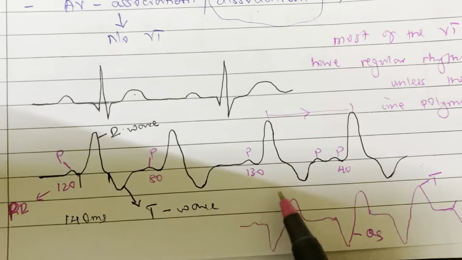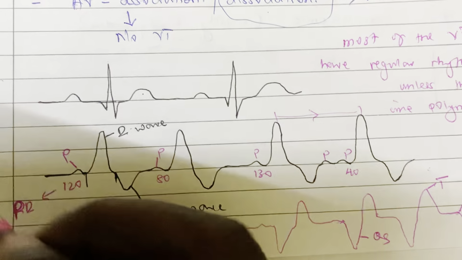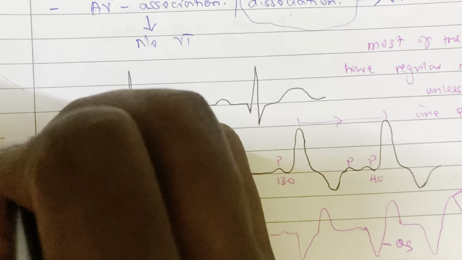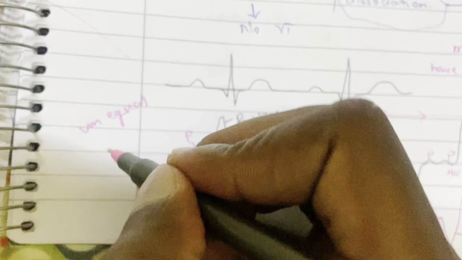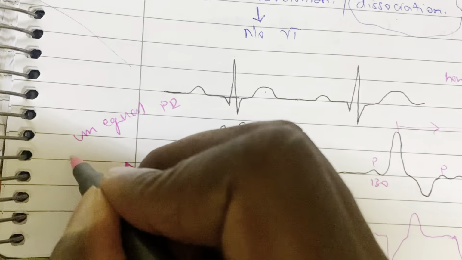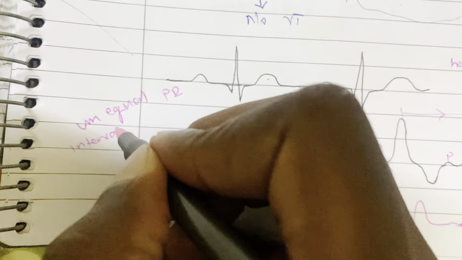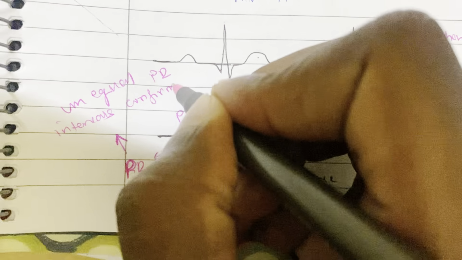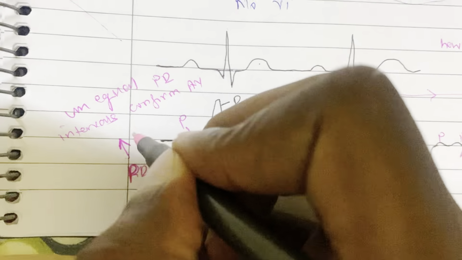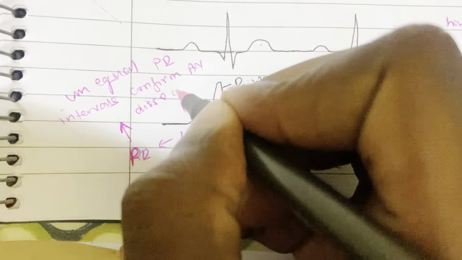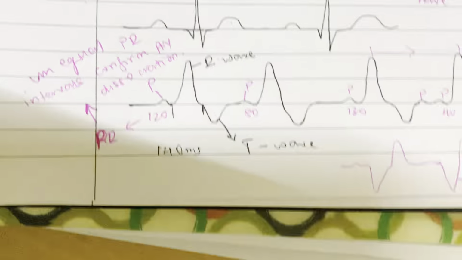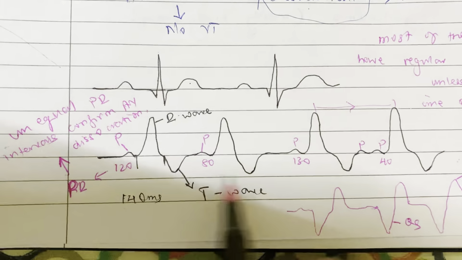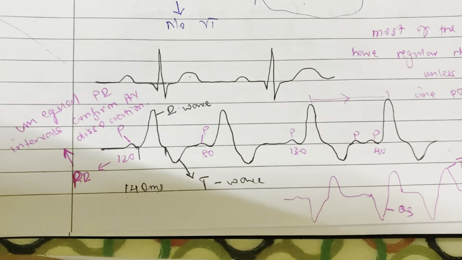So if they are not equal, unequal PR intervals confirm AV dissociation, and that's a VT. A wide complex tachycardia with AV dissociation confirms a VT.